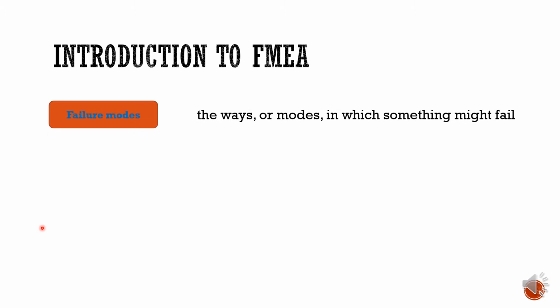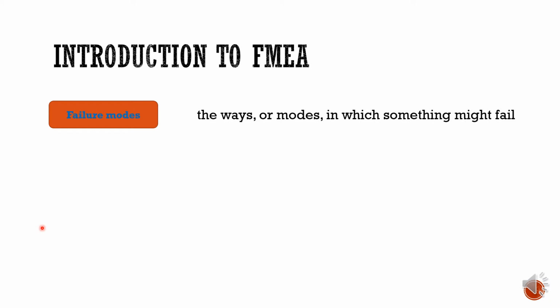Failure mode and effect analysis is a structured approach to discovering potential failures that may exist within the design of a product or process. FMEA is designed to identify, prioritize, and limit these failure modes. Let's see what is meant by each term in FMEA. Failure modes means the ways or modes in which something might fail.